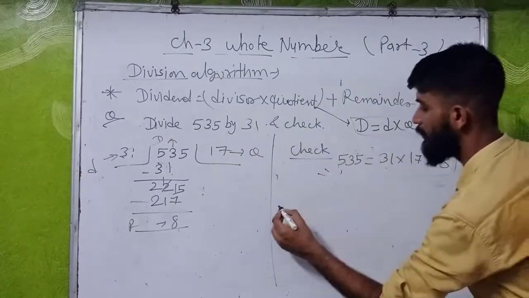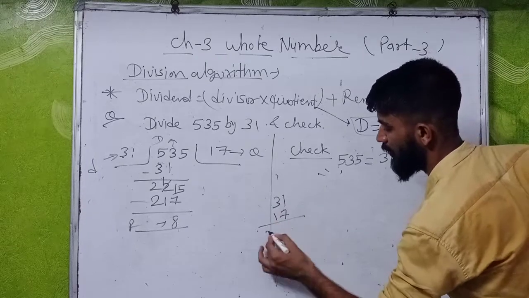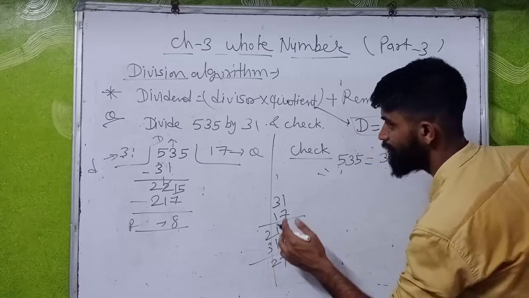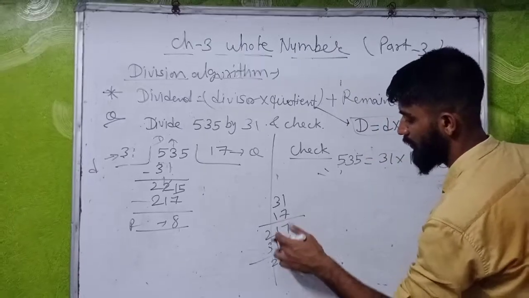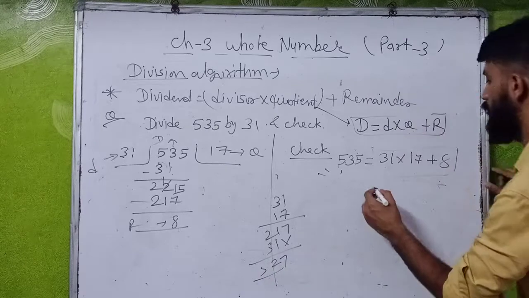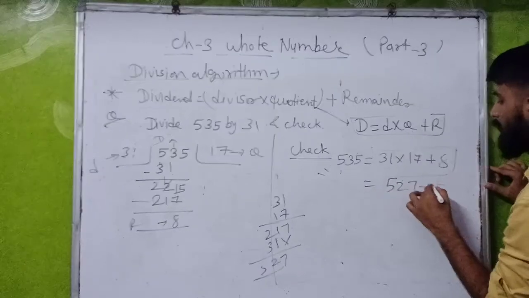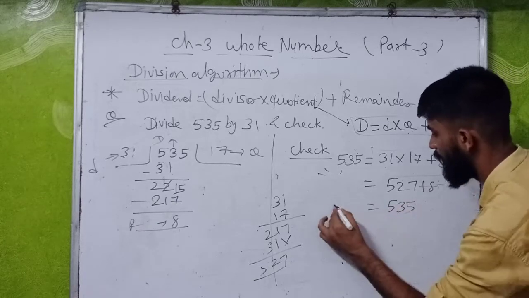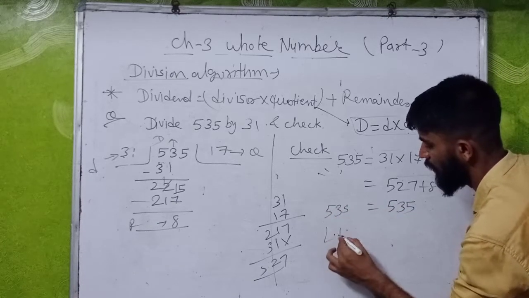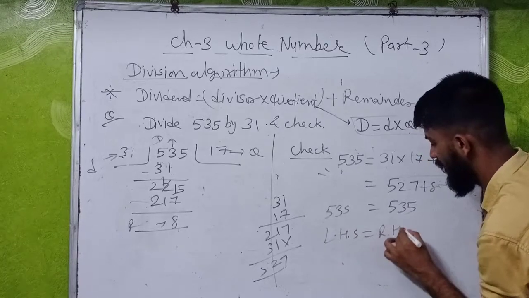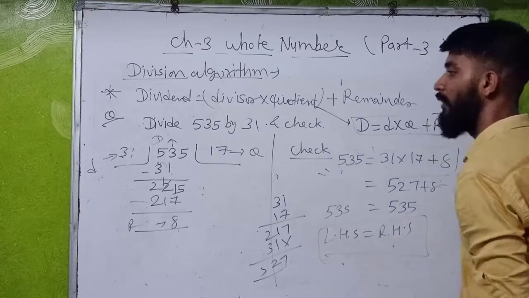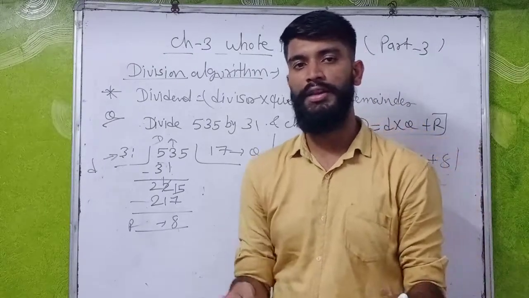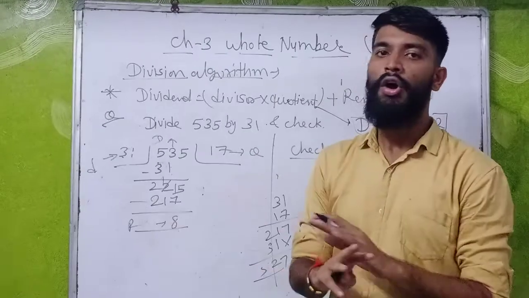So first, 31 multiplied by 17, that you can do, which is 527, plus 8. Now again we add, and it is 535. 535 means our LHS equals RHS. So the division algorithm is simply used for checking whether your R or Q is right or wrong.